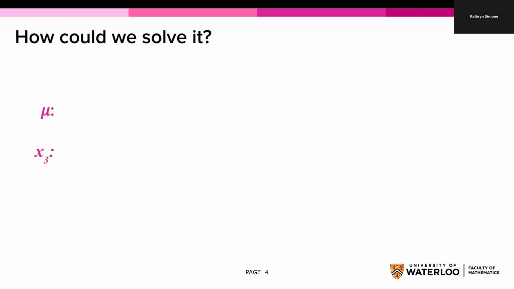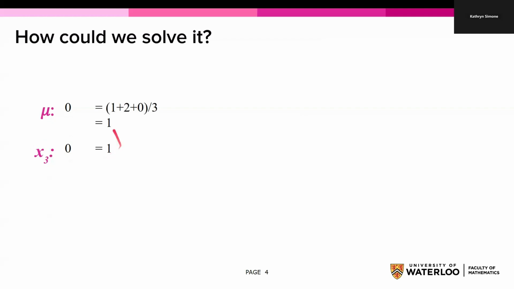One thing we could do is simply start with an initial guess for our parameters. Say we start by assuming that the mean is 0. If that's our initial guess for the mean, then the most likely value for that missing data point, x3 in our case, would be 0, because the mean of the distribution is 0, and therefore x3 being 0 is our best guess based on what we know so far.